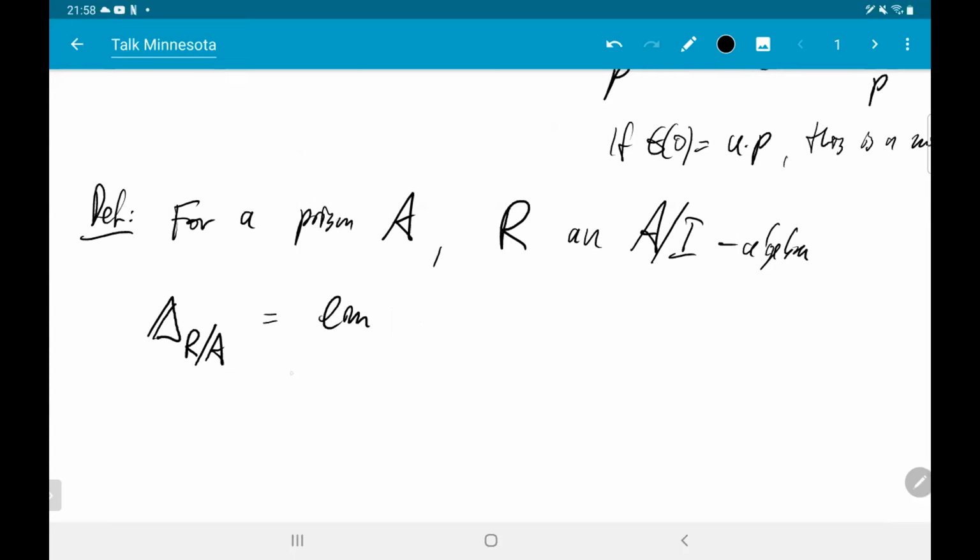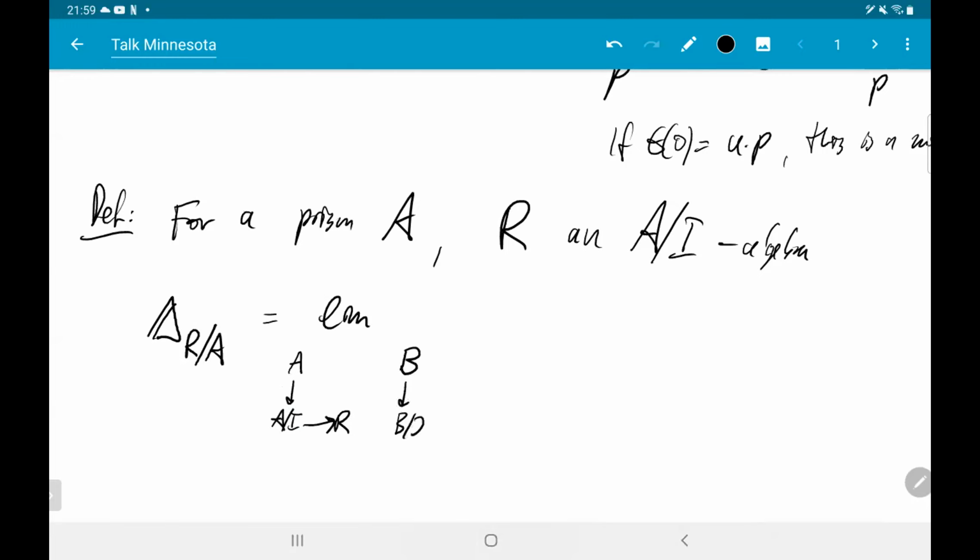So how does that look like? Well, remember, I have my prism A, and this comes with a map down to A mod I, and this maps further to R. And now objects in this relative prismatic site are just given by a prism B, which again comes with some ideal.